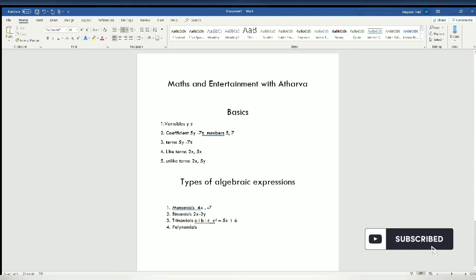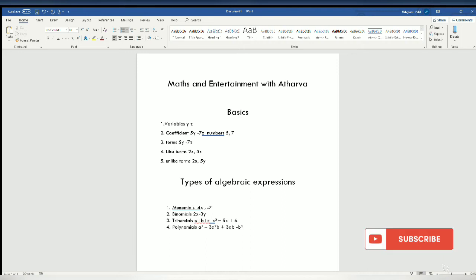So I will give an example: a cube minus 3a square b plus 3ab minus b cube.